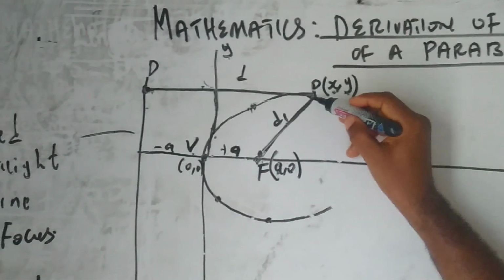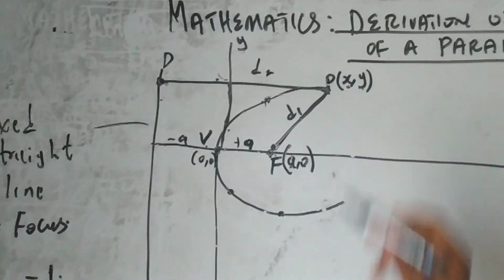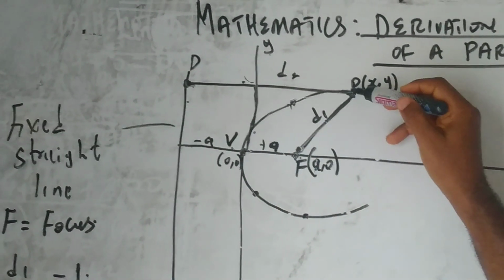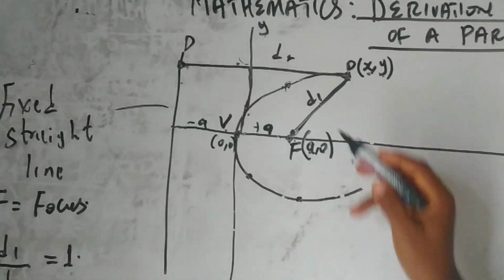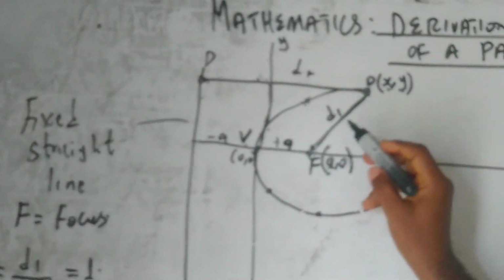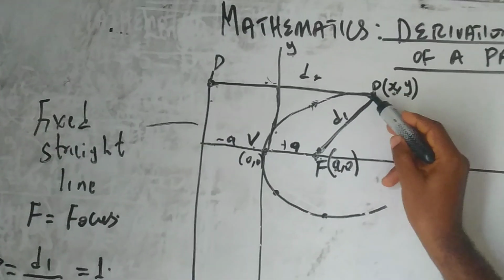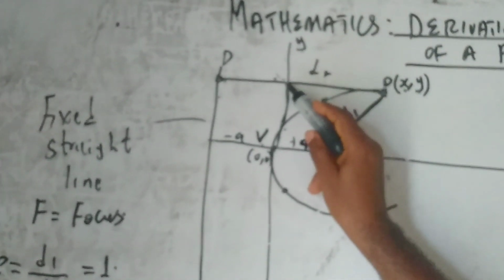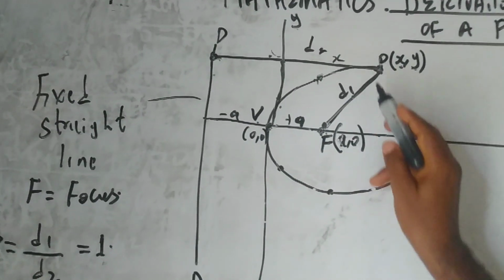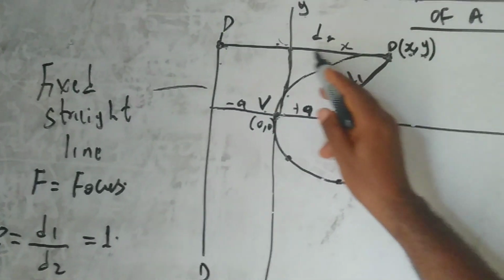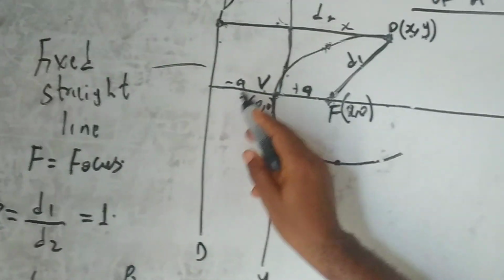So for the distance D2, I want to find the distance of this point to this directrix here. Since from here to this place is x, if you look at this along the x-axis, then from here to here is a.